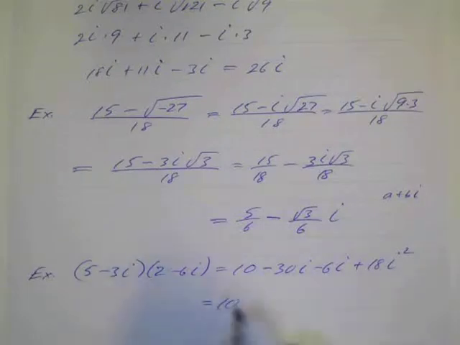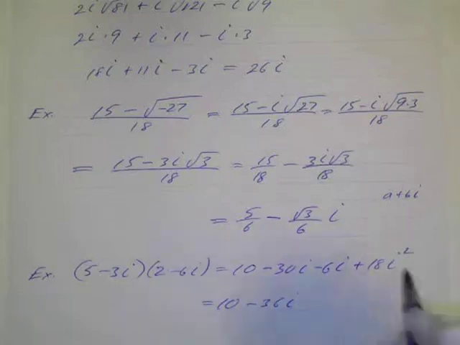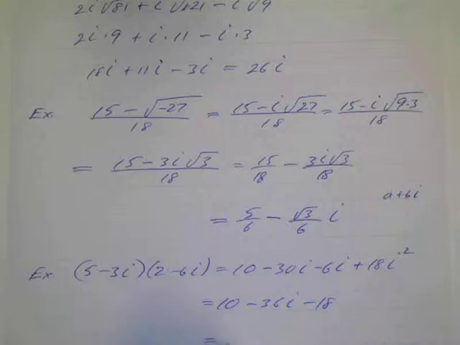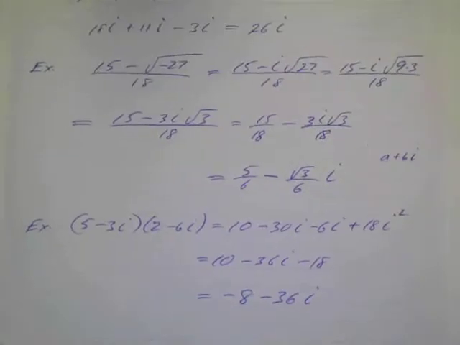So we have 10. And negative 30 and negative 6 is negative 36i. And this is just negative 1 now, so this is negative 18. And 10 minus 18 is negative 8, minus 36i. And there's your answer in standard form.